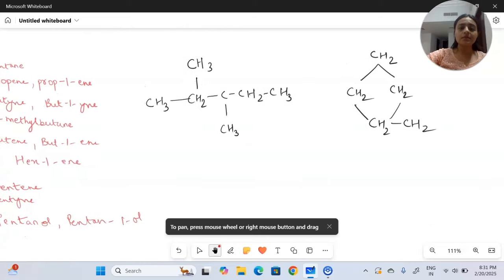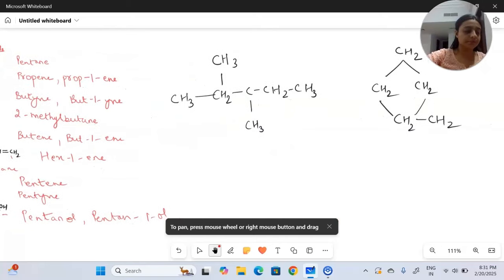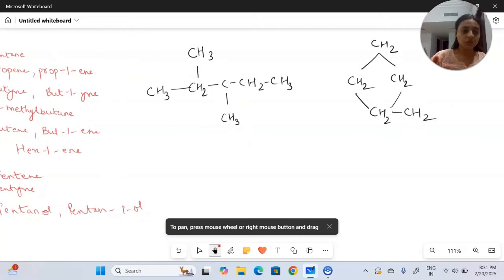Okay, this one we will see first. Yeah, this one. So it goes like 2. You can see 1, 2, 3, 4 and 5. So we will write like this, 2,3-dimethylpentane.